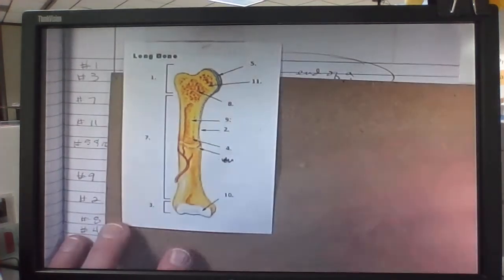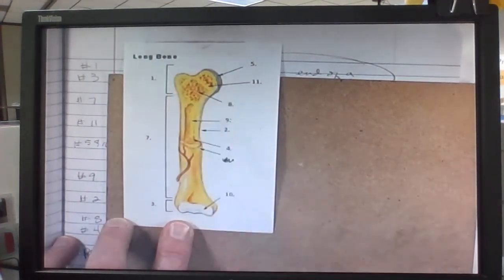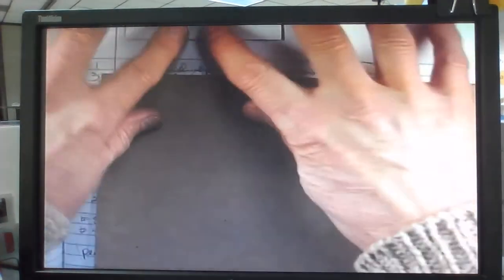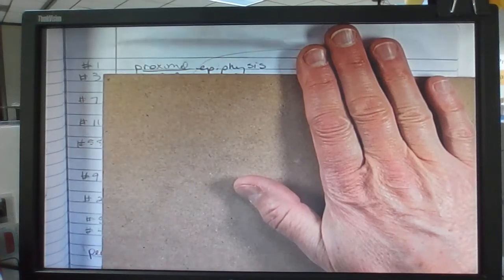All right. So number 1 is this bracketed area right here. And so that represents the proximal epiphysis. That's the proximal epiphysis.